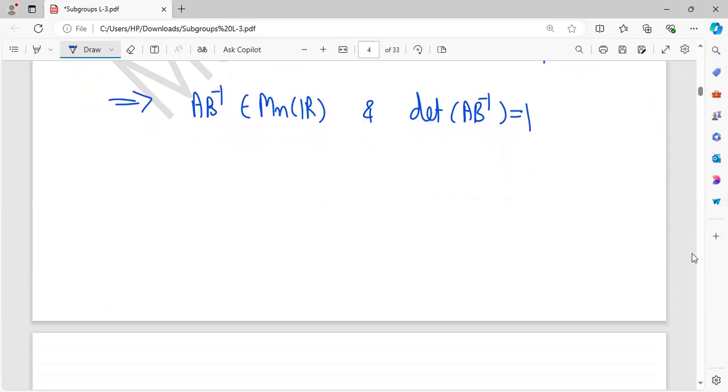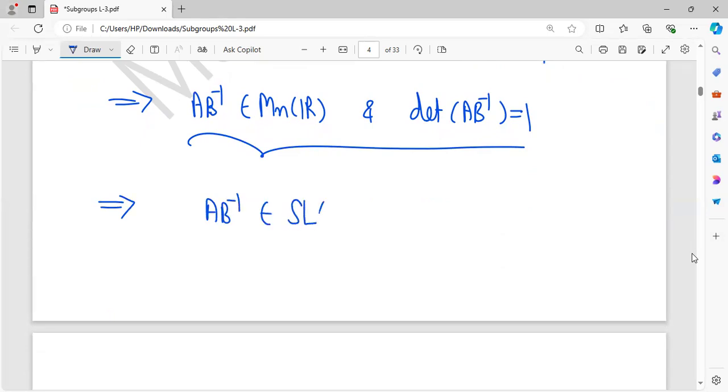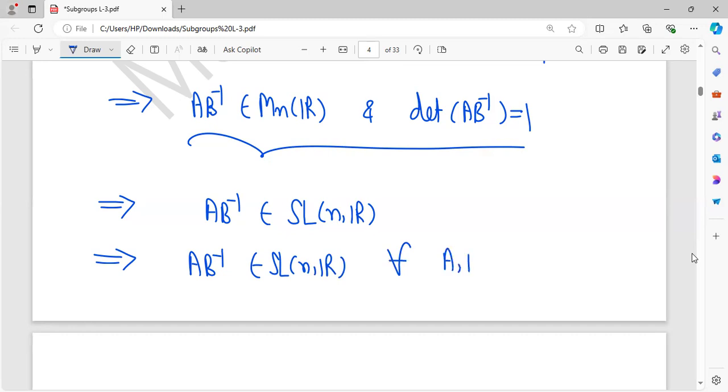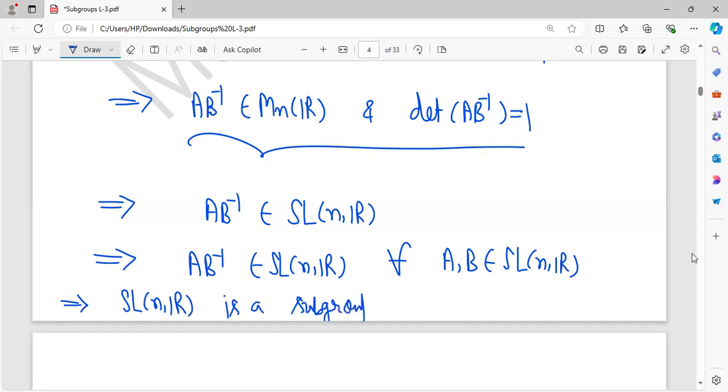The meaning of this statement is AB inverse belongs to SL(n,R) for all A, B belongs to SL(n,R). So SL(n,R) is a subgroup of GL(n,R). Proved.